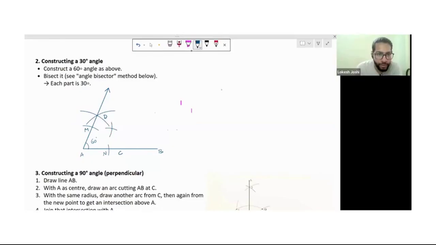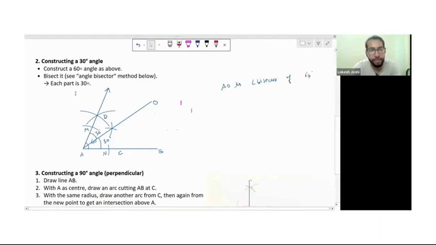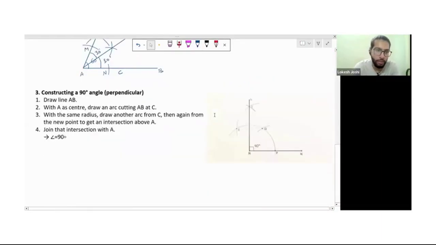If we connect this point, then these angles will be 30 degree. This one is also 30 and this one is also. Suppose this is O, so we can say AO is the angle bisector of the 60 degree angle. That's the way you can construct the angle of 30 degree.